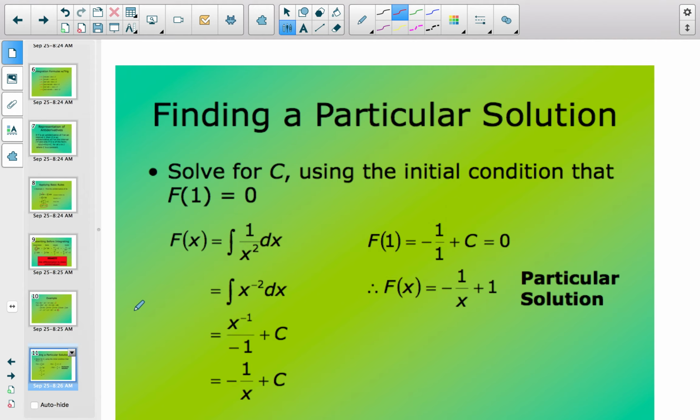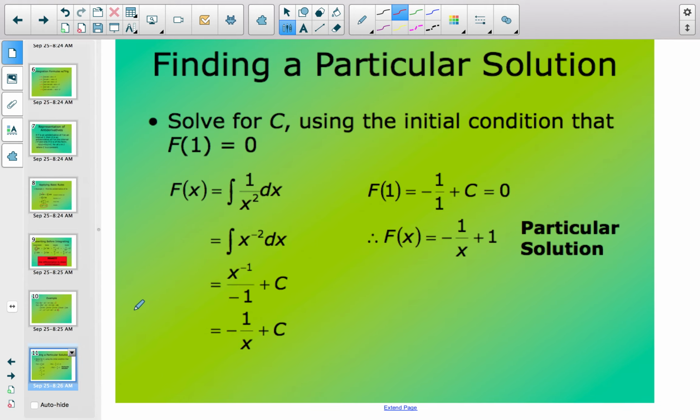Sometimes they will want you to find a particular solution, right? And when we're finding the particular solution right here, let's say that we have the function f of x equals 1 over x squared.